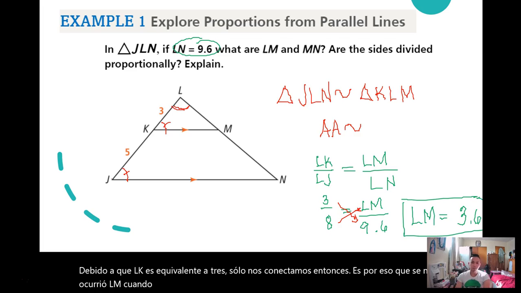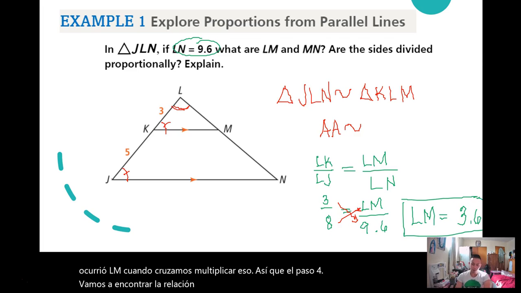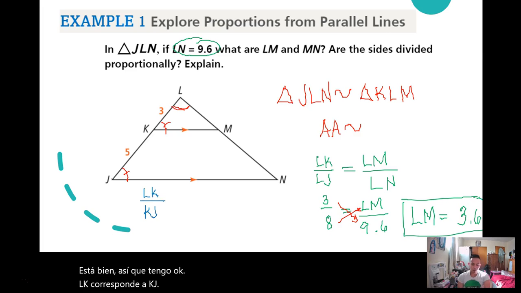Step 4, we are going to find the ratio between the segments of each side divided by KM. So I have LK corresponding to KJ, which is 3 over 5, or 0.6.